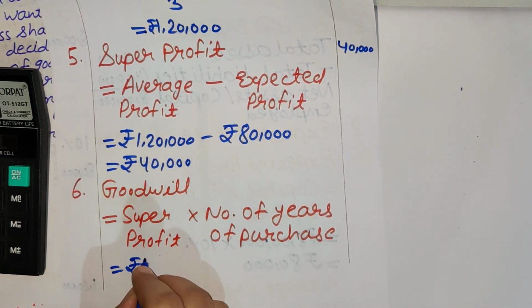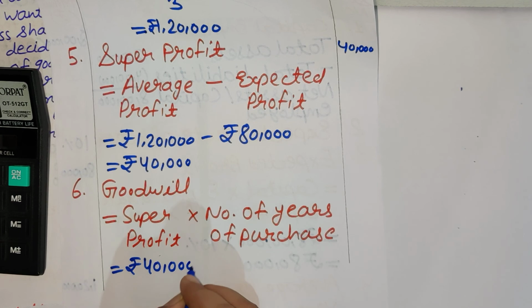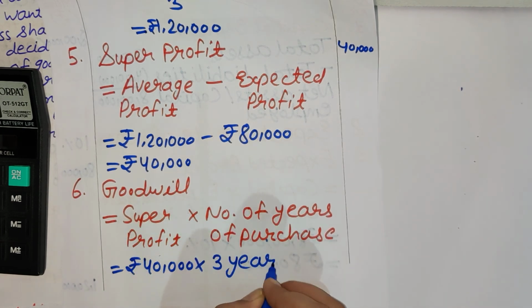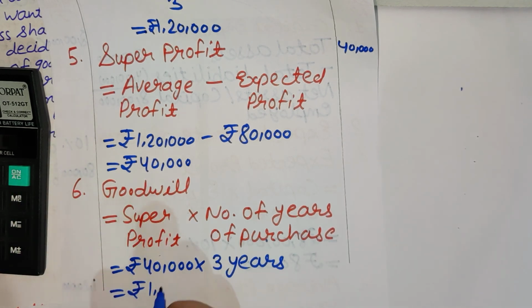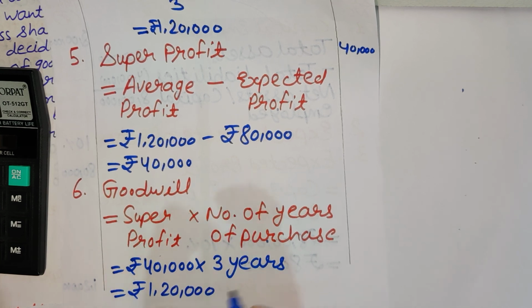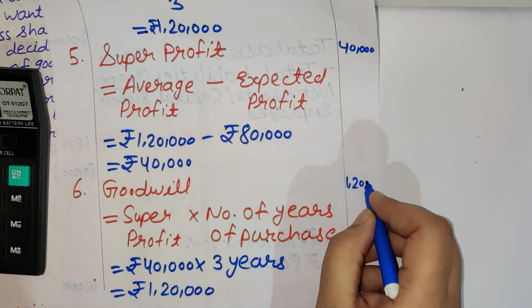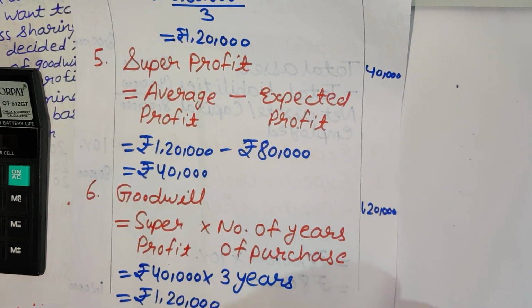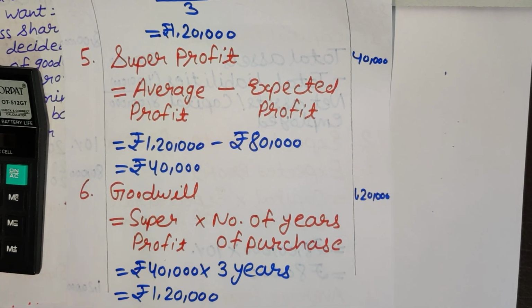What is the answer of that? 40,000. Number of years of purchase is given 3 years in the sum. So we will multiply 40,000 with 3. So we will get the answer 1,20,000. So we will write here 1,20,000. Clear? So these are the 6 steps which you have to follow to calculate the goodwill as per the super profit method.